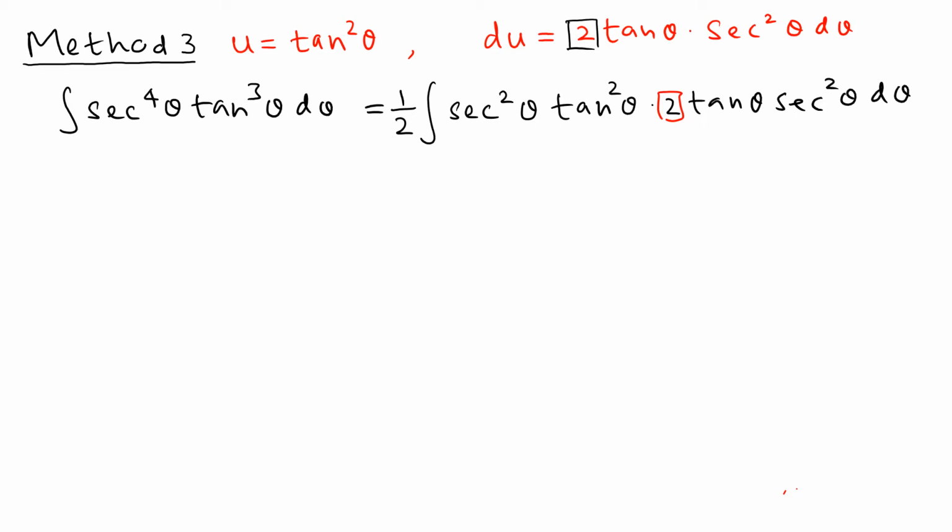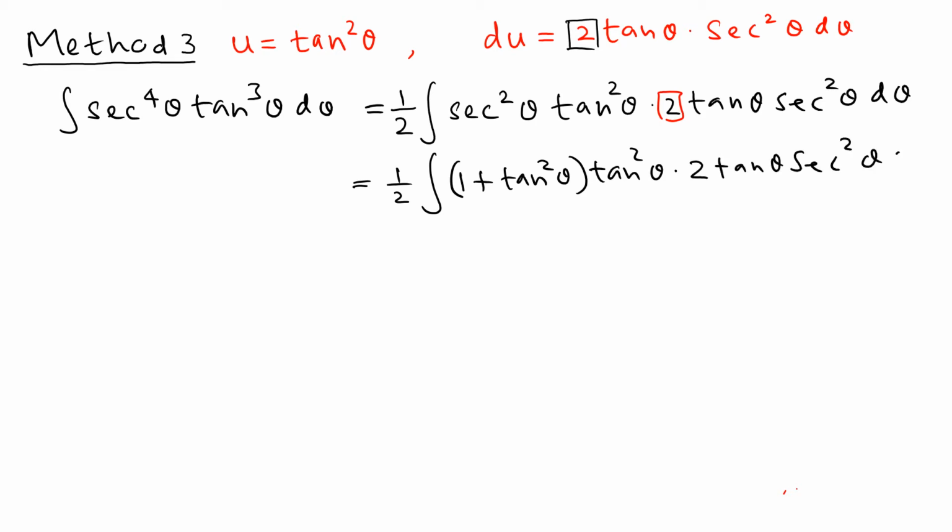Now we can simplify. As before, we leave the last part for the derivative. Everything else we have to write in terms of tan squared, which we can do using the trigonometric identity. So this is 1/2, and secant squared we can write as 1 plus tan squared, and then we have tan squared theta, and 2 tan theta secant squared theta d theta.